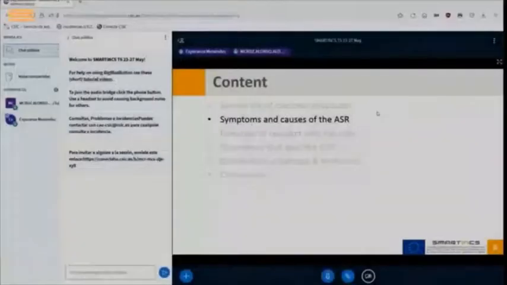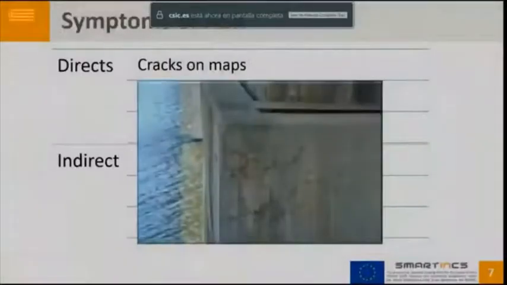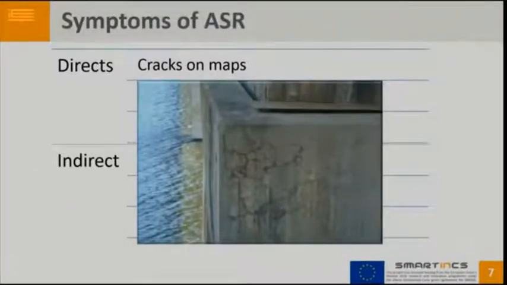Well, I will show you the symptoms of alkali silica reaction. There are two main groups of symptoms of alkali silica reaction, direct or indirect.